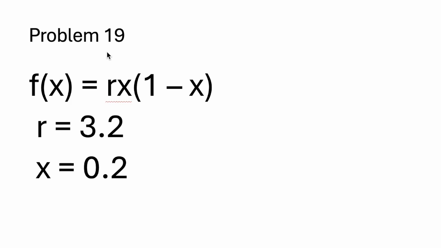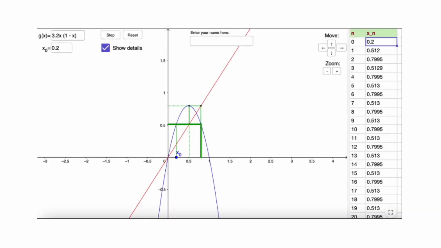So in this first problem here, we're given an r value of 3.2. We'll put that into the first program, and it'll run an iteration 49 times.